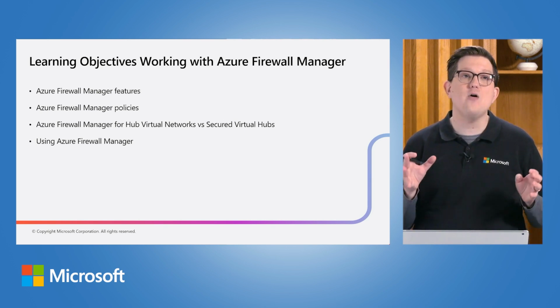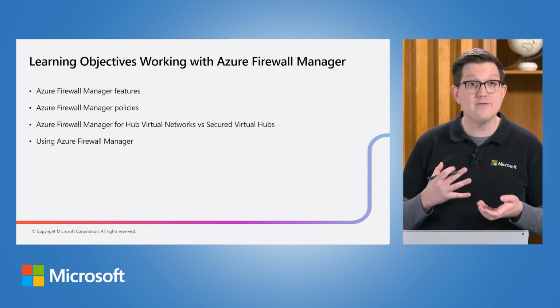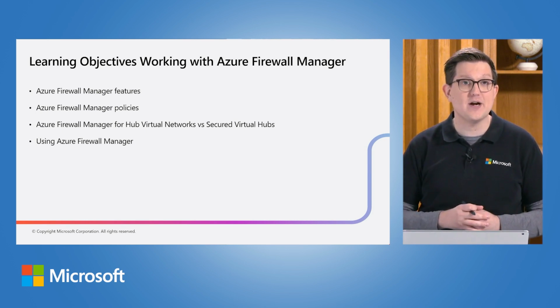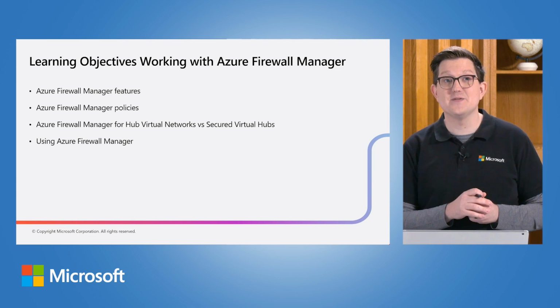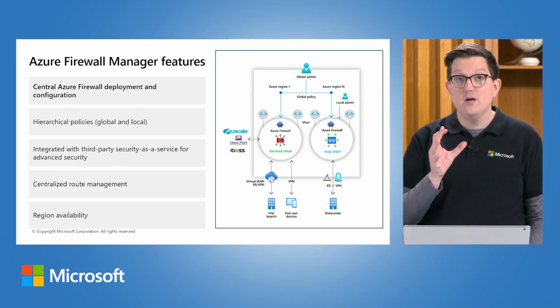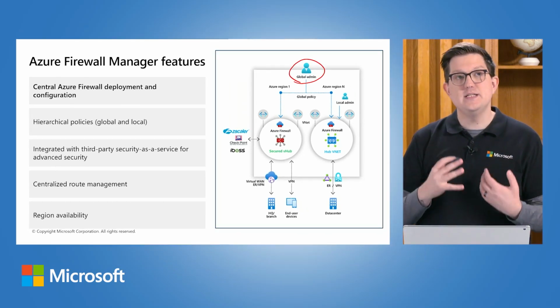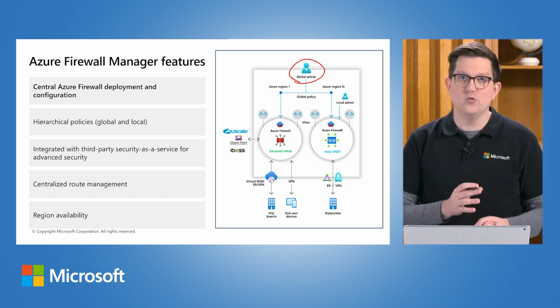I'm going to show you how Firewall Manager works, what some of the architectural principles look like for it, and a little bit about administration as well. Let's dive into it. On the right-hand side of the slide, we have the core architecture that represents how Azure Firewall Manager is intended to be used. We are able to have a global administrator sitting at the top dictating centralized rules.